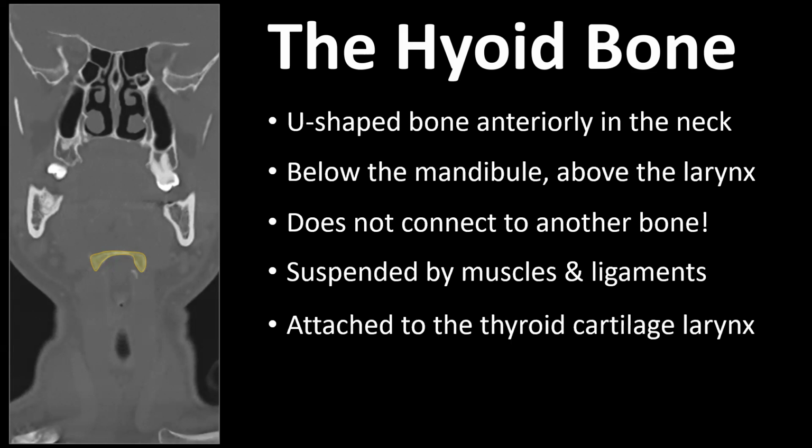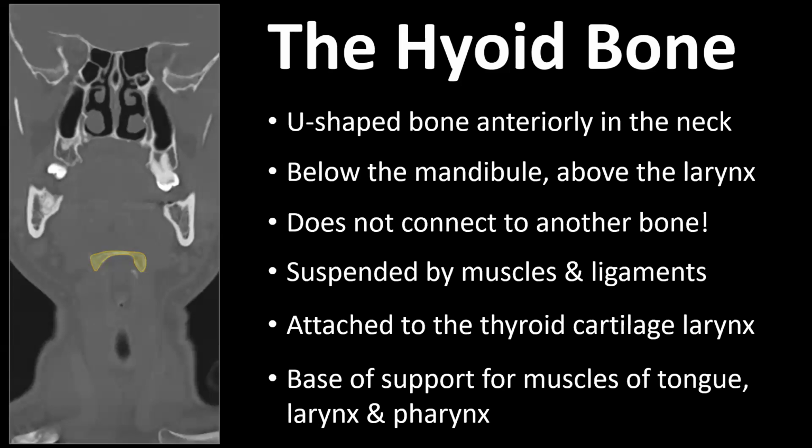But at the same time, it is also attached to the thyroid cartilage of the larynx, and despite the fact that it is relatively mobile for a bony structure, it will provide a base of support for muscles of the tongue, the larynx, and the pharynx.